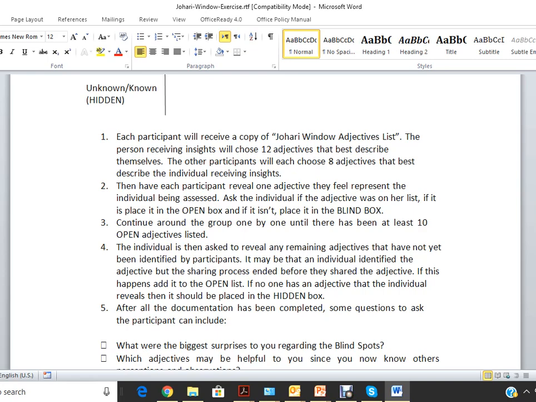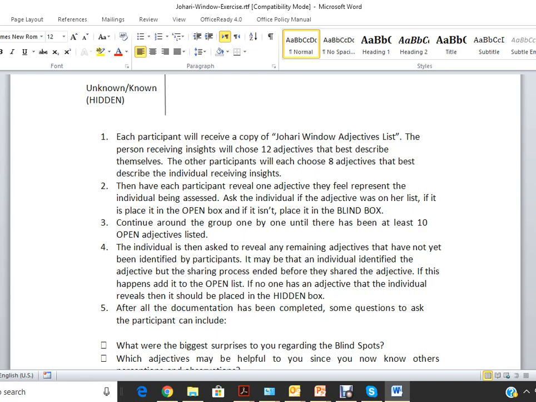If it is, place it in the open box, and if it isn't, place it in the blind box. Because here, if the adjective is known both to the individual being assessed and the participants, then it is an open area, an open knowledge. Whereas if it is not known to the person being assessed, then this should be in the blind box, in the blind area.